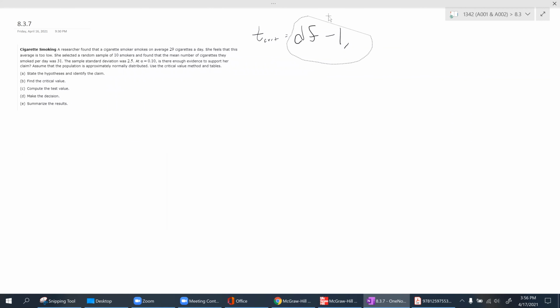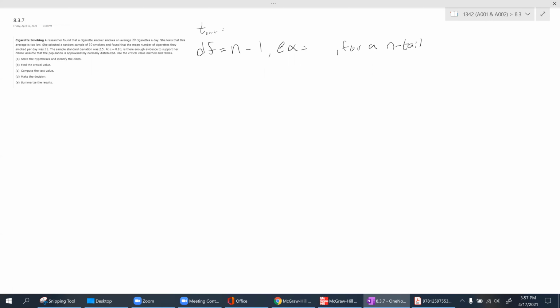So to find your t crit, your degrees of freedom is going to be n minus 1 at a given alpha.